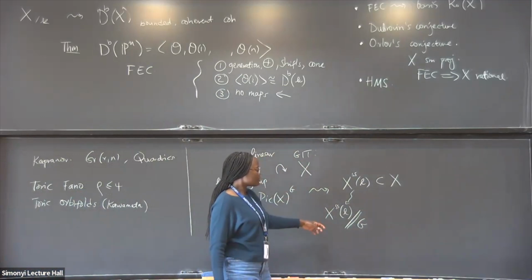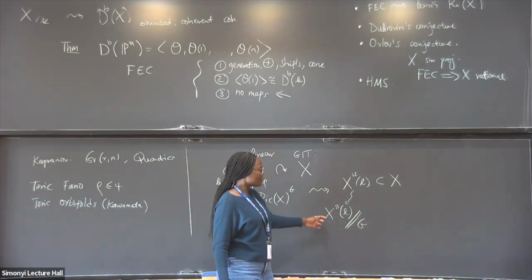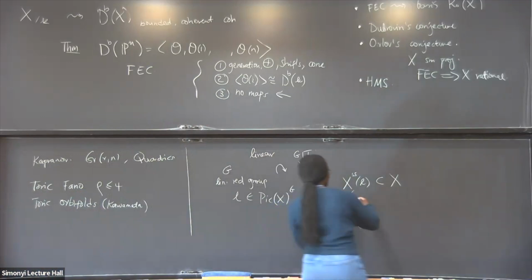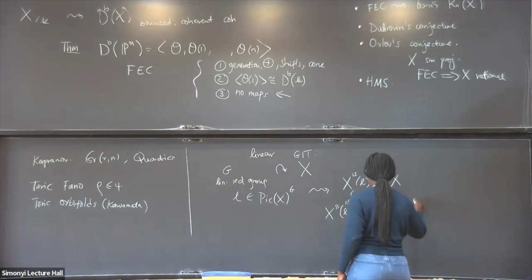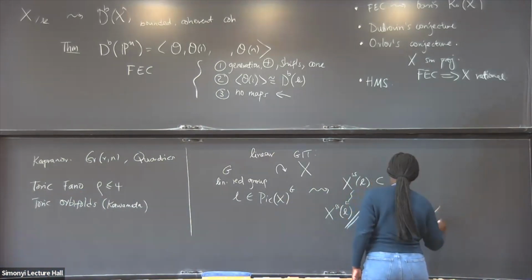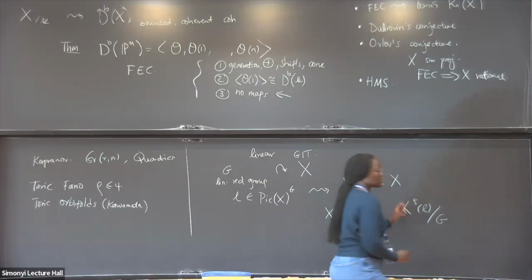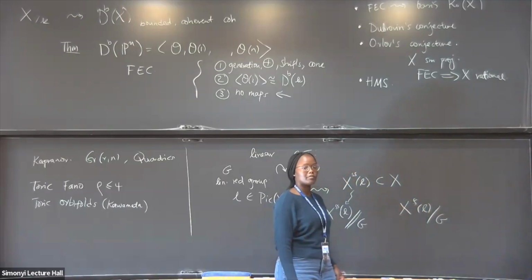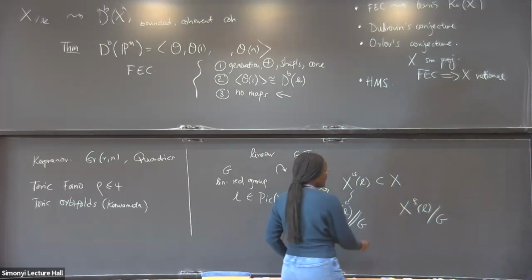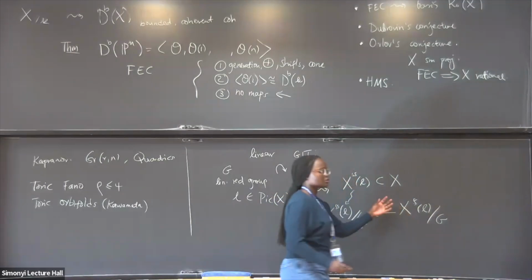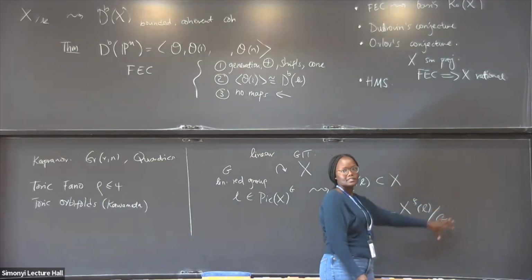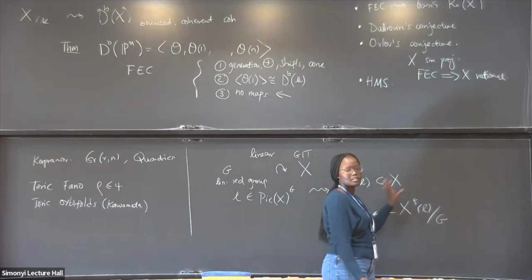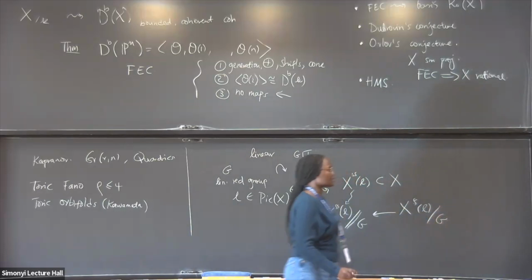And so instead of looking at these usual GIT quotients, we consider the stack quotient, and we make assumptions so that this is an orbifold stack quotient. And you have a map like this. When the action is free, it's an isomorphism. And so it's for this large class of GIT quotients that we ask this question.